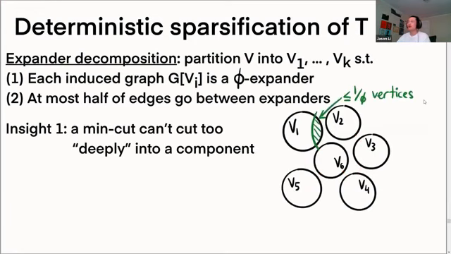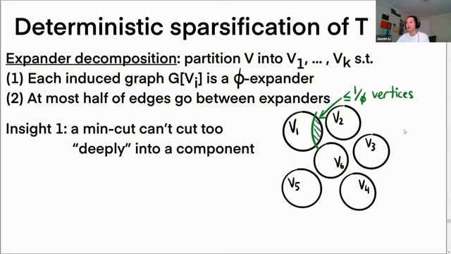For a min cut application, our two key insights are as follows. First, any min cut cannot cut too deeply into an expander, into a part. By that I mean, take any expander, take the min cut, and take the smaller side of the cut within this expander. By the same argument as previously, we can show that there are at most 1 over phi vertices on the smaller side.